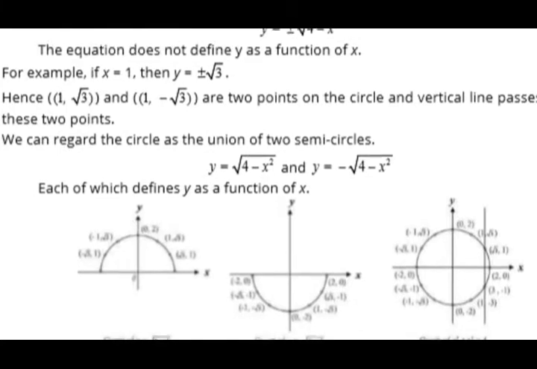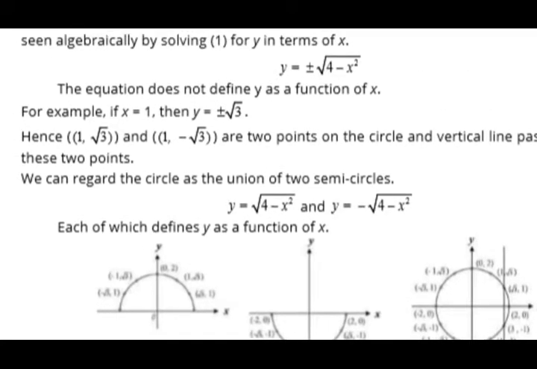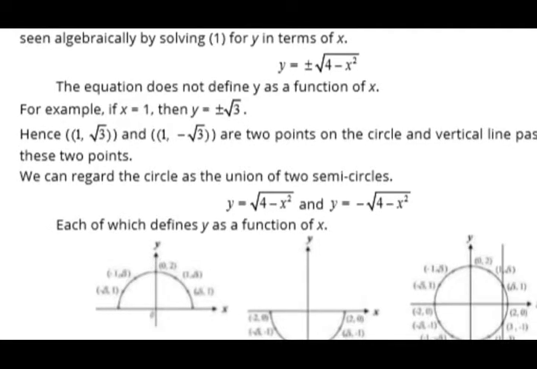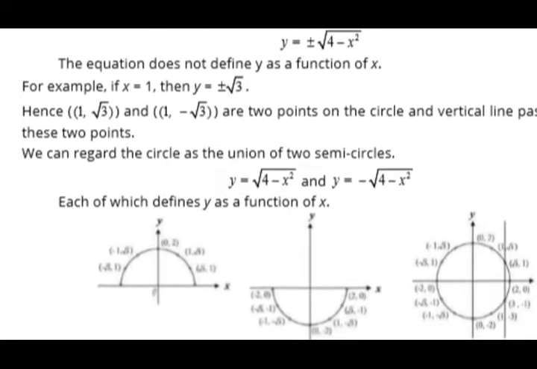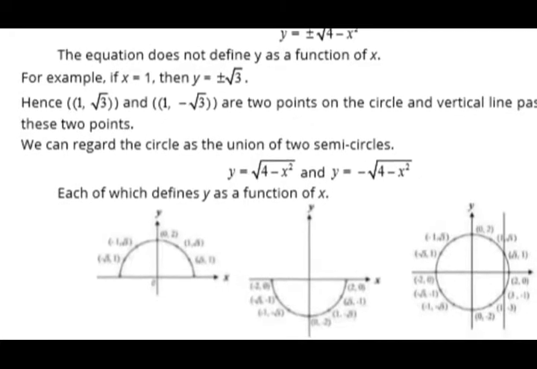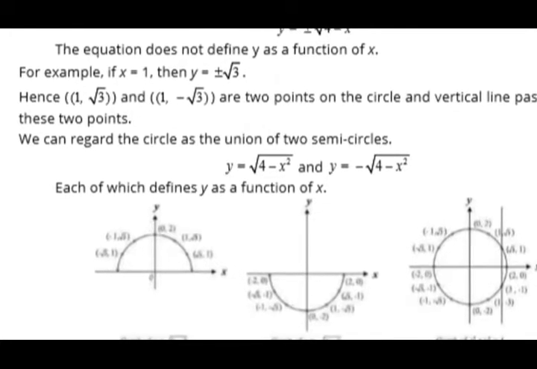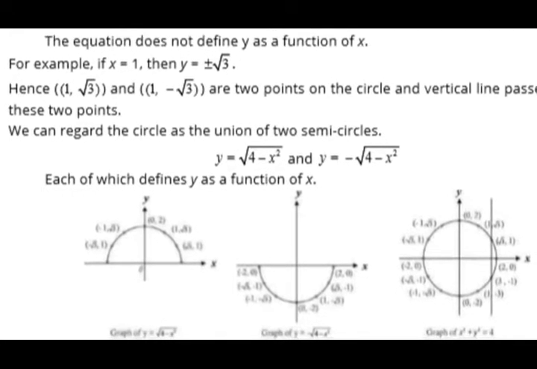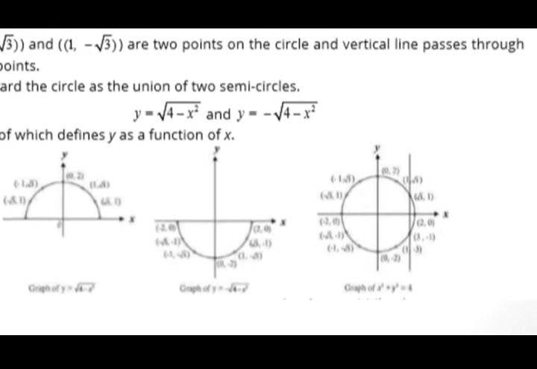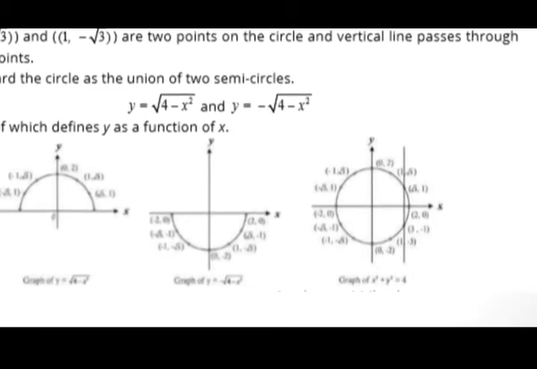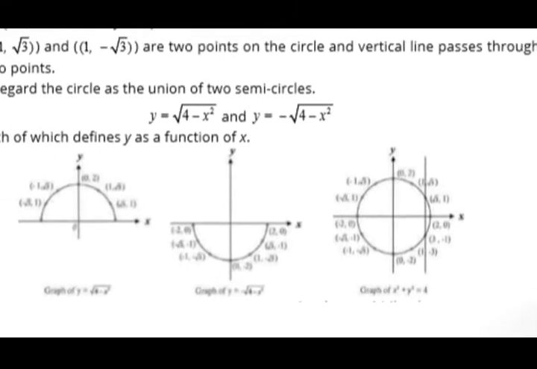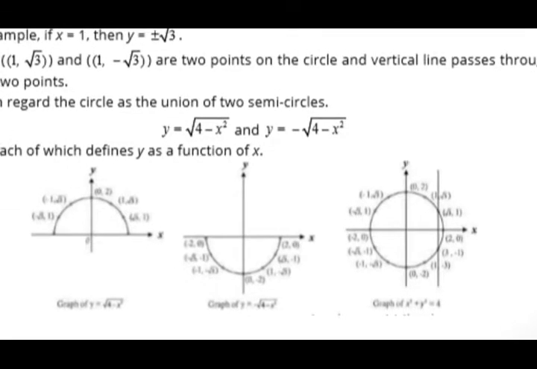We draw its table from -2 to +2: -2, -1, 0, 1 and 2. Then plot these values. Here in the last diagram we see that a vertical line cuts this graph in 2 points. Therefore this is not a function.